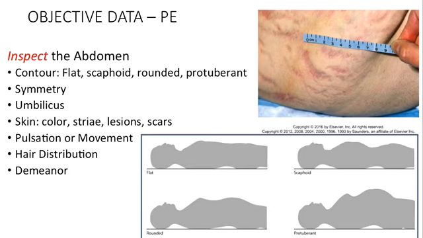They're usually greater than 4 centimeters. You're looking for any pulsations or any movement. Movement, you're not going to see movement a ton. If they're pregnant, you might be able to see the baby moving around. Hair distribution, for that, they're just getting to the point of patients with some hormonal abnormalities can have some weird hair distribution.